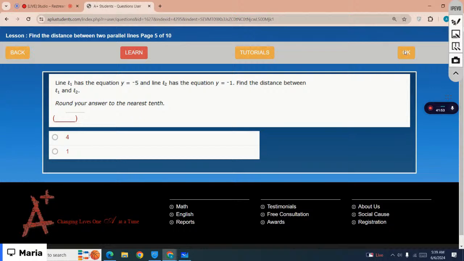Line L1 has the equation y equals -5 and line L2 has the equation y equals -1. Find the distance between the line L1 and L2. So which is the correct option?